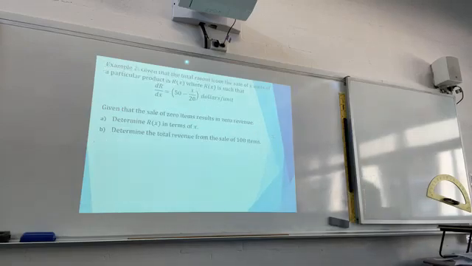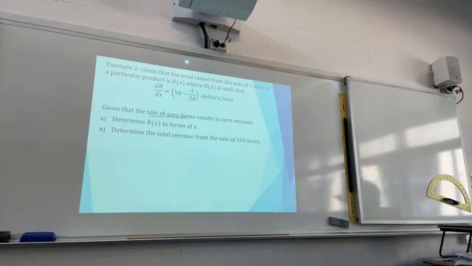All right, example 2. Given that the total revenue raised from the sale of x units of a particular product is R(x), where R(x) is such that dR/dx equals 50 minus x over 20 dollars per unit. All right, now, initial problem.